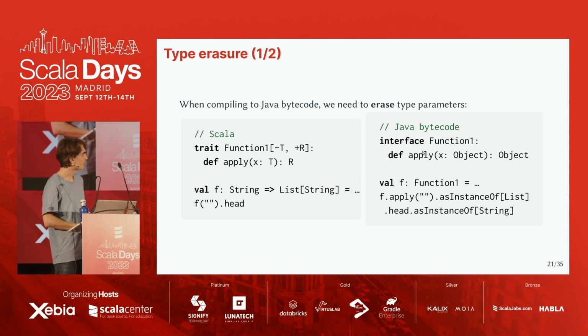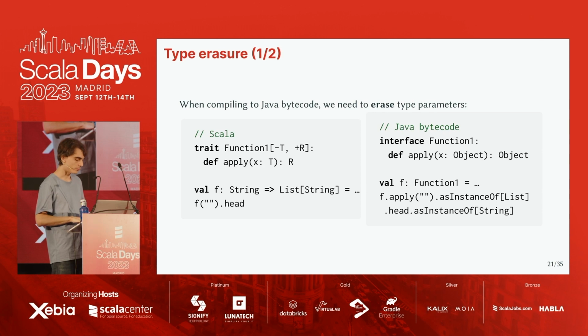And traits become interfaces. And yeah, here Function1 of String to List of String becomes Function1. And then at use sites, we need to insert a bunch of casts that the compiler knows is correct, but the JVM doesn't. So this is how we communicate to the JVM information about generics that the type system knows is correct.